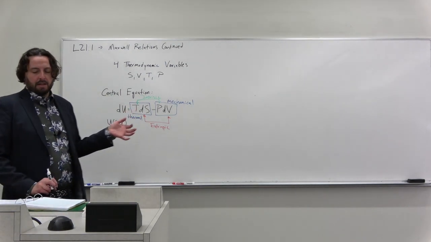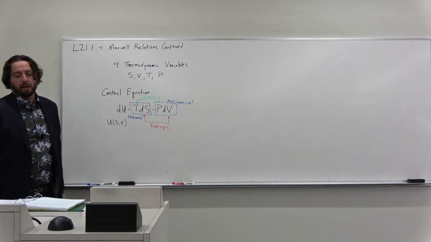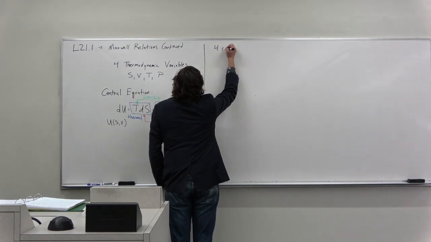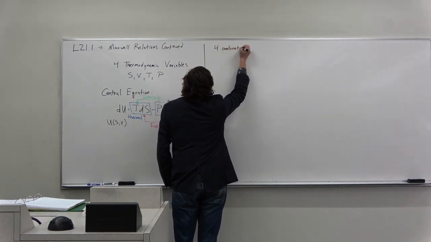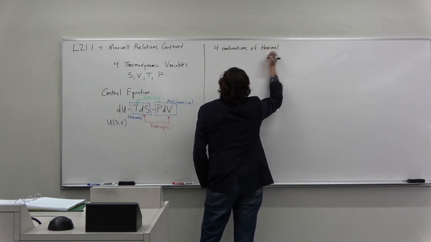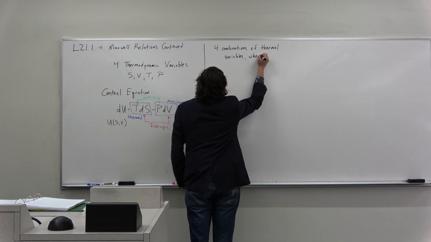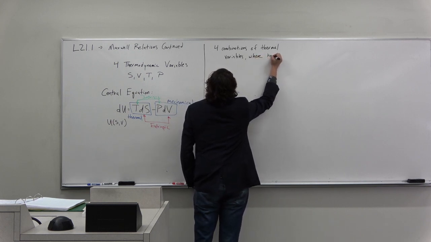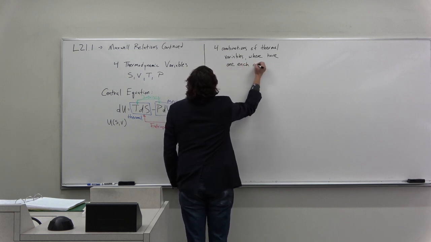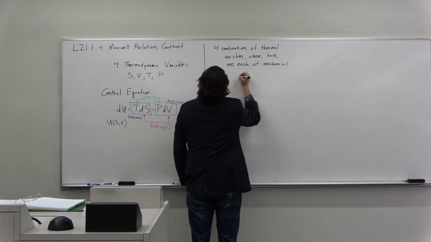So we have four variables, and we have four possible combinations where you need one each of mechanical and thermal.